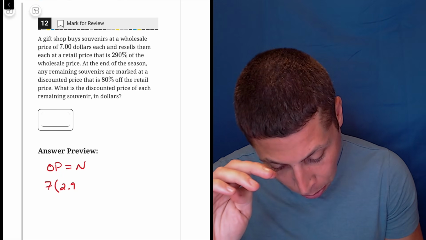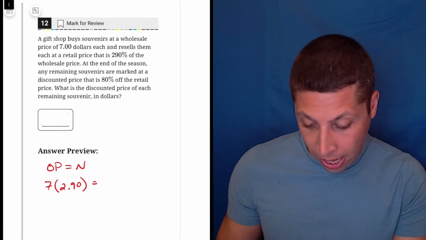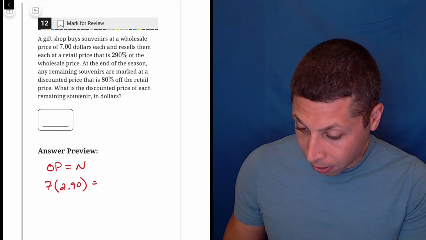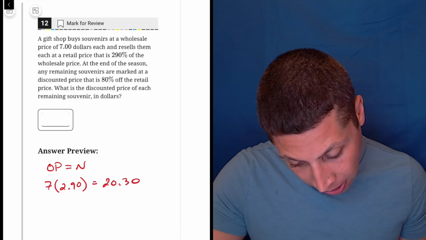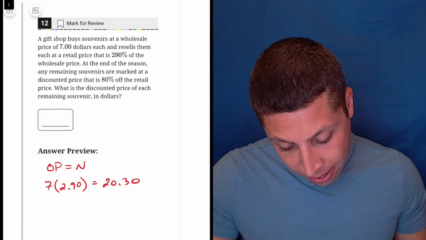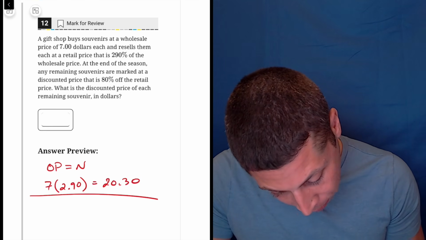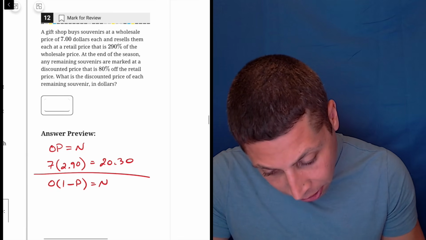This is just 2.90 as a percentage, and that gets me a retail price of 2.9 times 7, which is $20.30. At the end of the season, any remaining souvenirs are marked at a discounted price that is 80% off the retail price. So this is where the trap comes in. So now my formula is different. 1 minus P, this is a percent decrease.